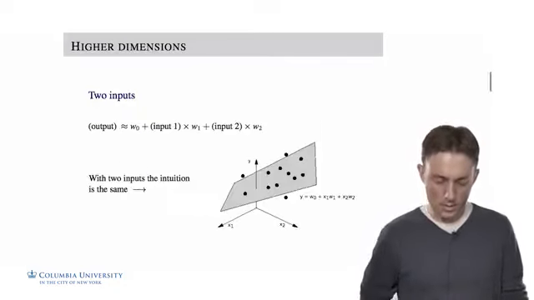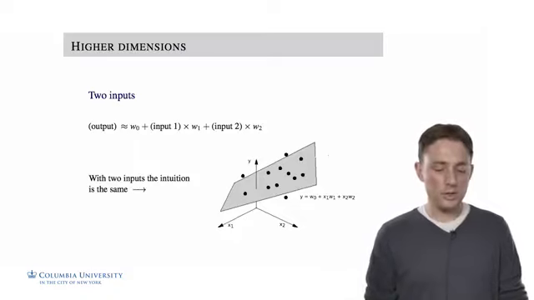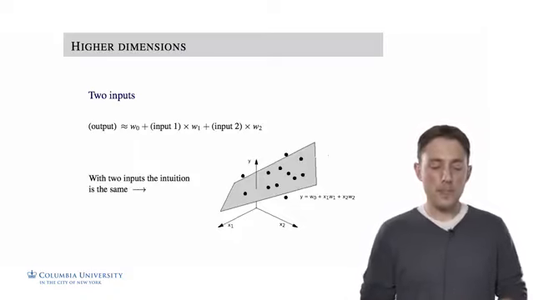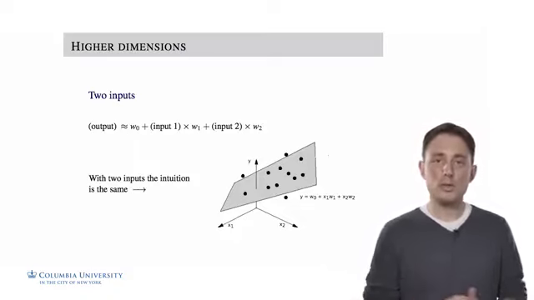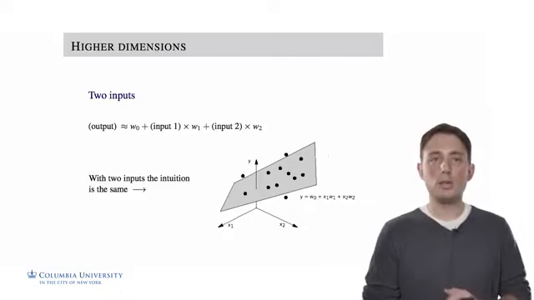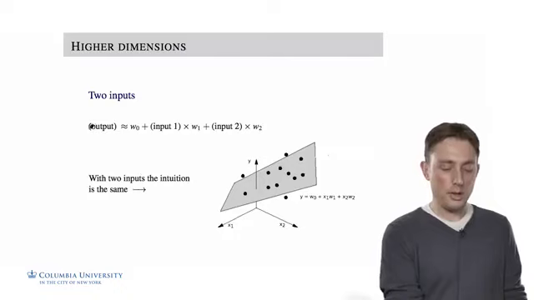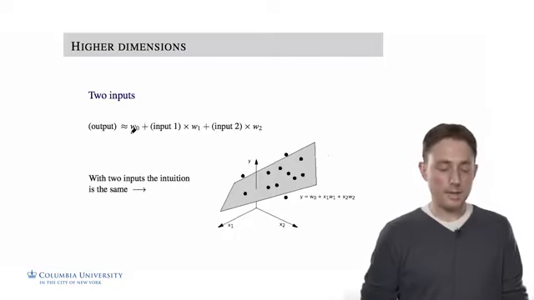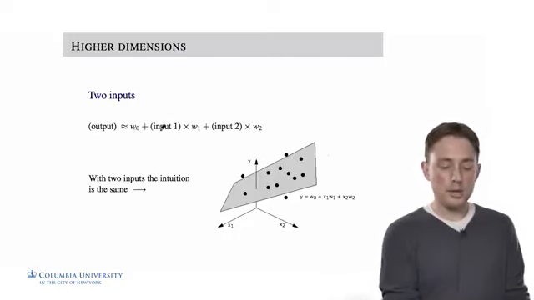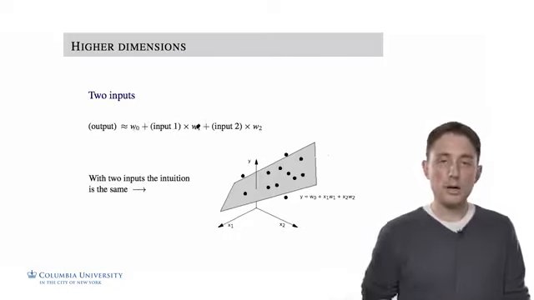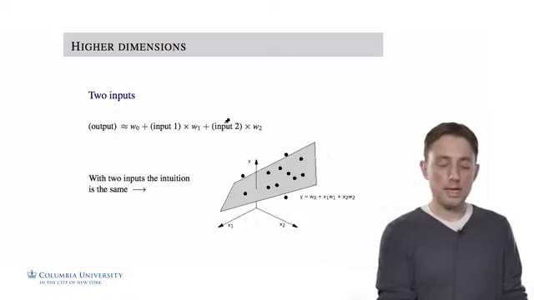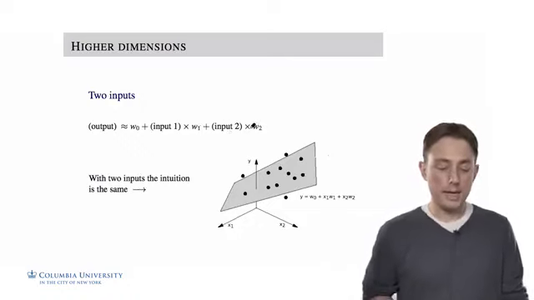How would this translate to higher dimensions, just to give some intuition? For example, imagine that we have two inputs and we want to predict an output based on those two inputs. In this case, we would use a function, also a linear function, where the output is approximately equal to some offset or bias plus the first input times a weight on the first input plus the second input times a weight on the second input.